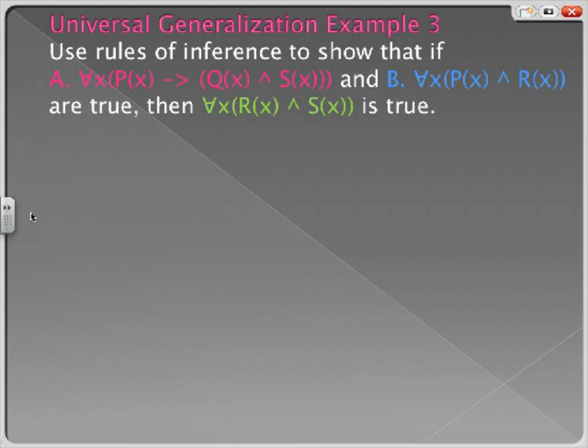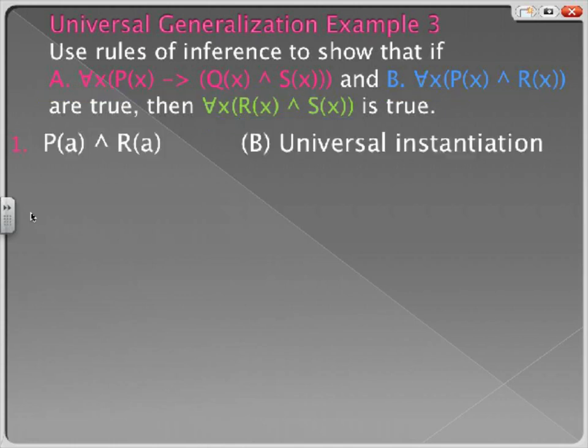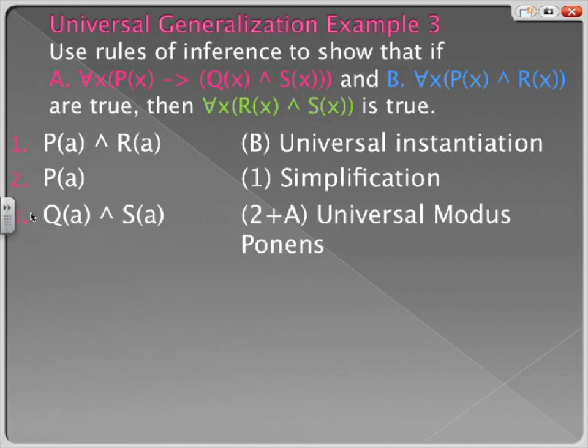For our next example, we will use rules of inference to show that these two premises lead to this conclusion being true. First we use the second premise and universal instantiation to say that P of a and R of a are true. Then we simplify this to just P of a. Using this simplification, the first premise, and modus ponens, we have Q of a and S of a is true.